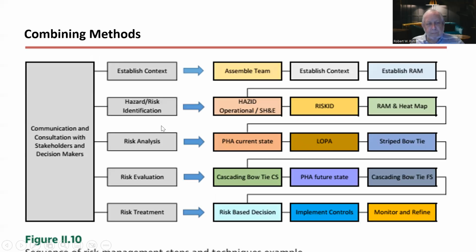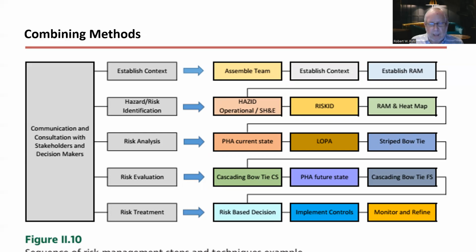On the left, communication, consultation with stakeholders and decision makers. Now, these are the risks. Establish context, assemble the team, establish the context, establish your risk assessment methods. Then you do hazard risk identification, hazard, risk ID, RAM, and heat map. Risk, okay. You're going to identify risk analysis, PHA, current state, layers of protection, striped bow tie. Now, that's just what their example is. There's a whole bunch of them in here. These things you can use.